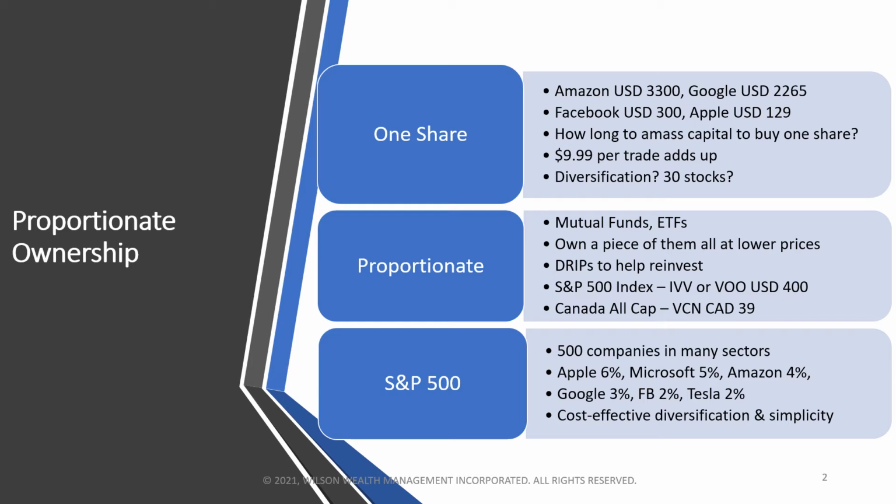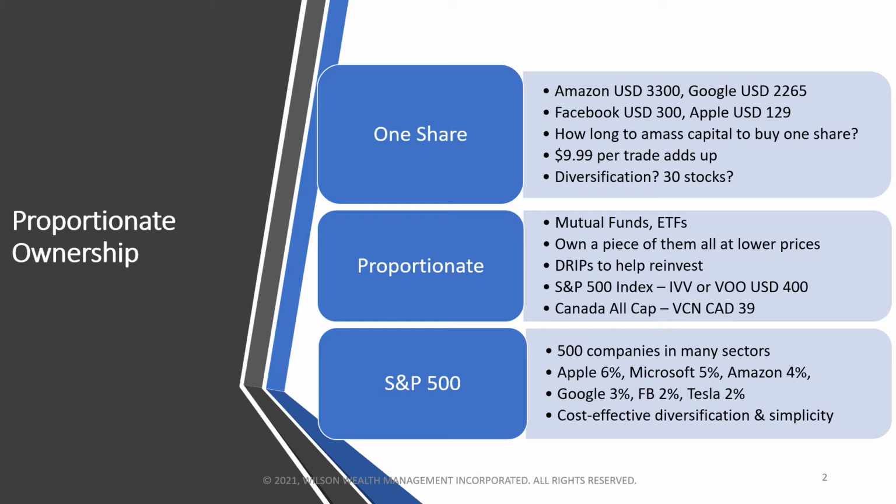Now, if we look at the S&P 500, we see plus or minus 500 companies across many different sectors in the index itself. So if you buy the index, you get exposure to a variety of things for that one price. Wanted to buy Amazon but couldn't afford $3,300?